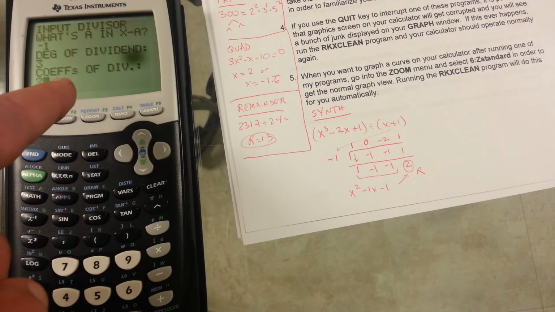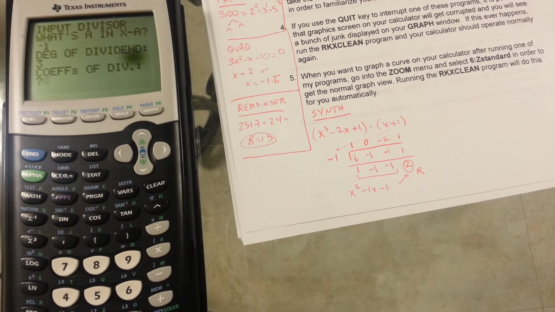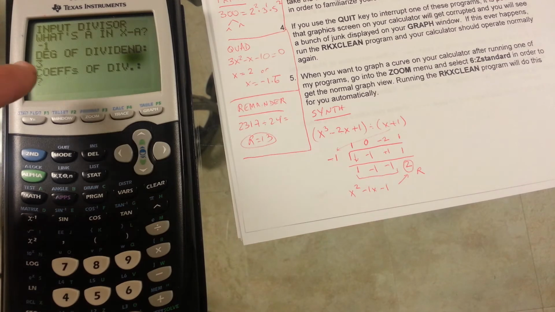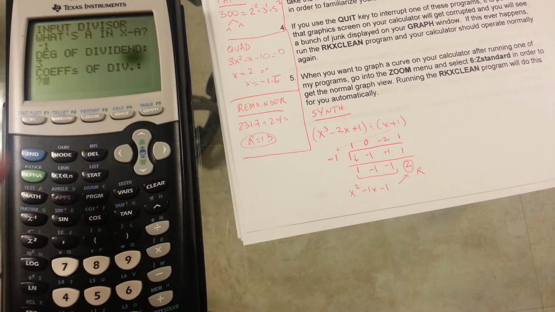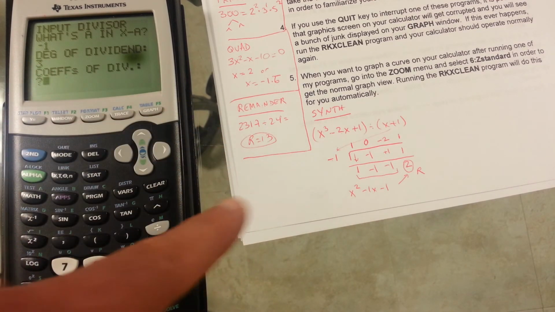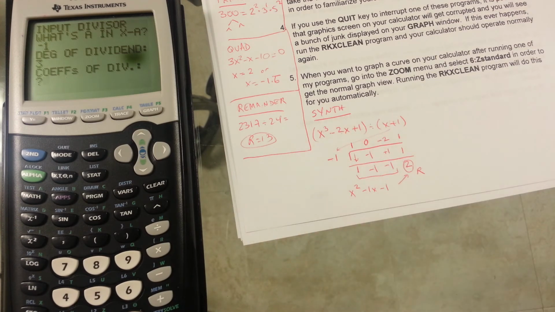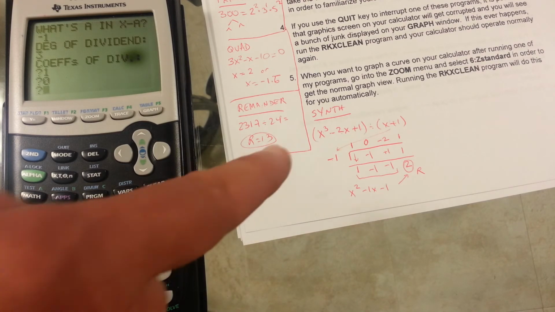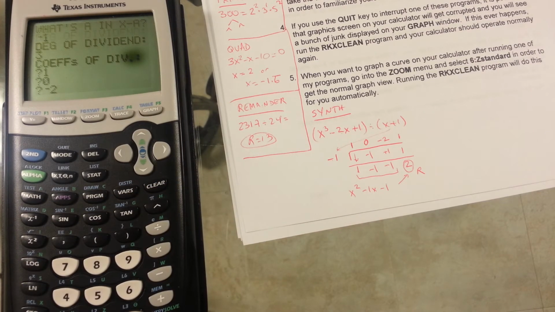Now, this calculator program performs the same thing. So we put in the degree of the dividend. The coefficients of the dividend are 1, enter, then 0, because the x squared term is missing, then negative 2, enter, and then positive 1.